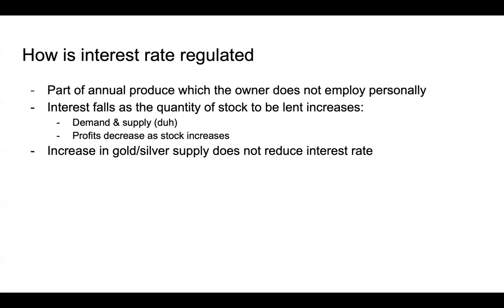At the same time, Europe was progressing in industry. Stock is being increased, national wealth is being increased, profit is being reduced, interest rate is being reduced. So these two events happened at the same time, leading some people to think that somehow the increase in gold and silver supply led to the reduction of interest rate. And Adam Smith pointed out, no, that's not the case.